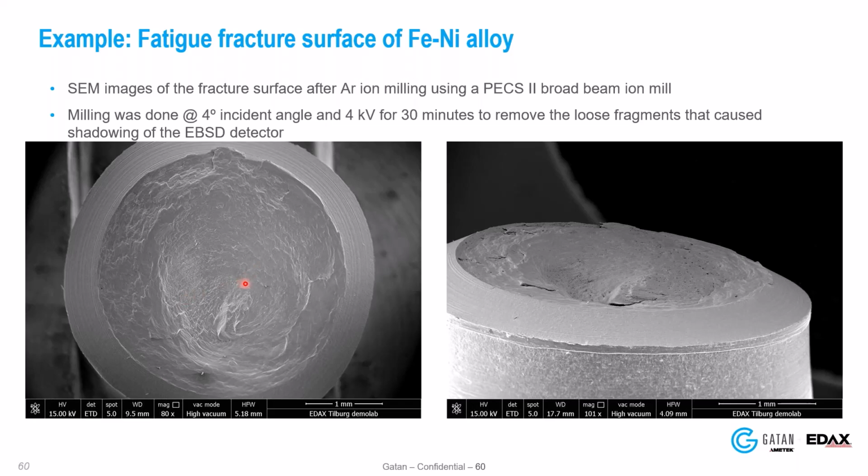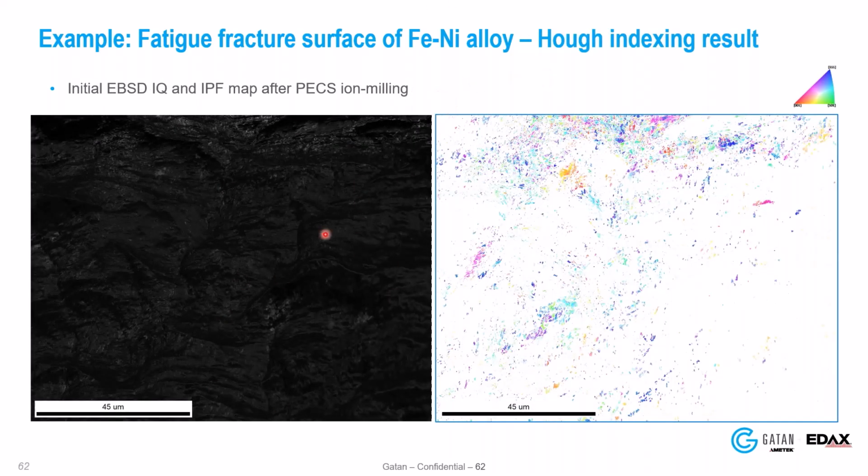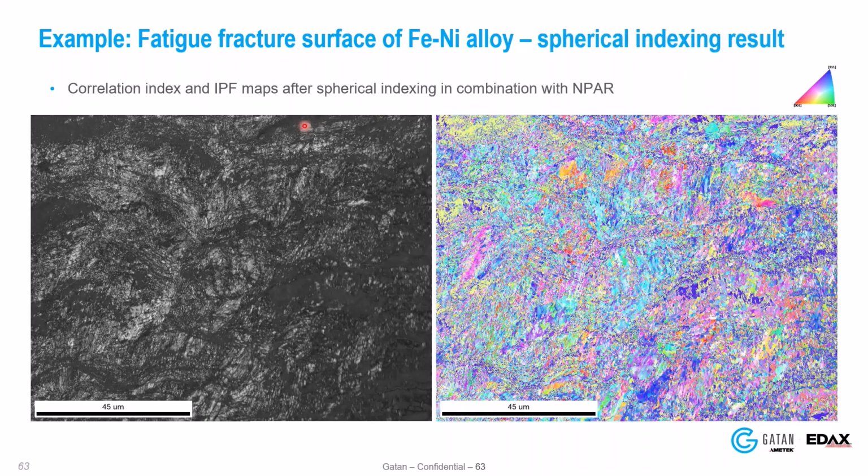And then from there, we could go in and ask, what does the data look like? So again, here's our initial image quality map. You'll see this is pretty dark. And this is our initial indexing, where you'll see it's pretty sparse in terms of the number of points that were indexed initially. Now we use spherical indexing with NPar.